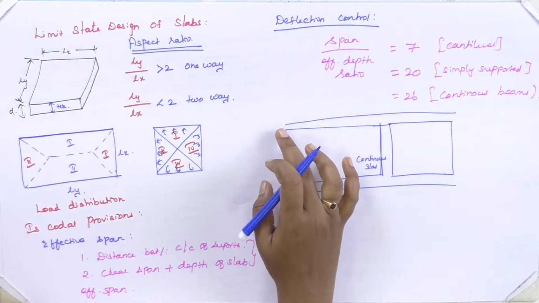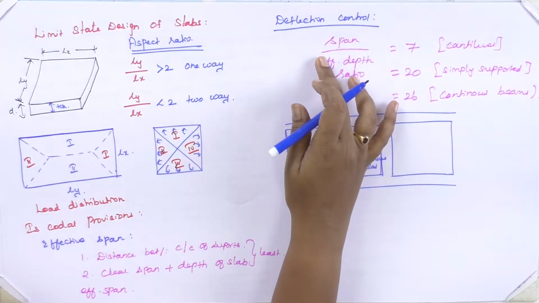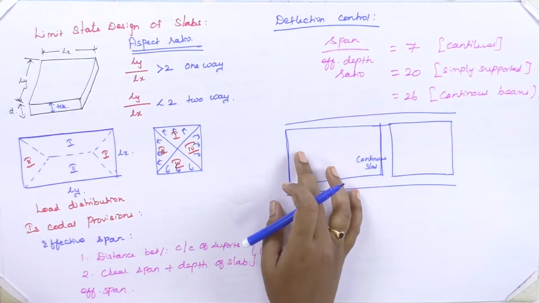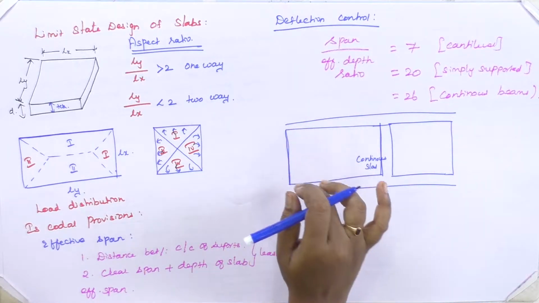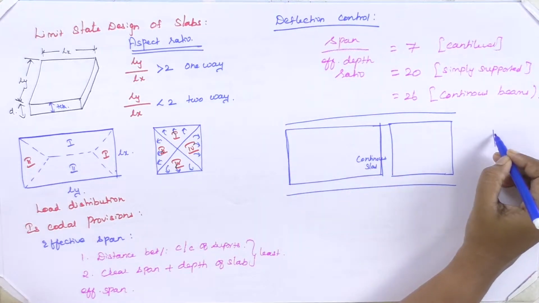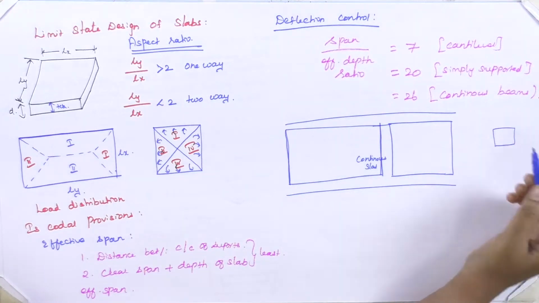Here this is a discontinuous edge, this side you don't have any slab, this side you don't have any slab, and this side also you don't have any slab. So you can call it 3 edges discontinuous and 1 edge continuous. Or else if the slab is like this, you can call it all 4 edges are discontinuous.